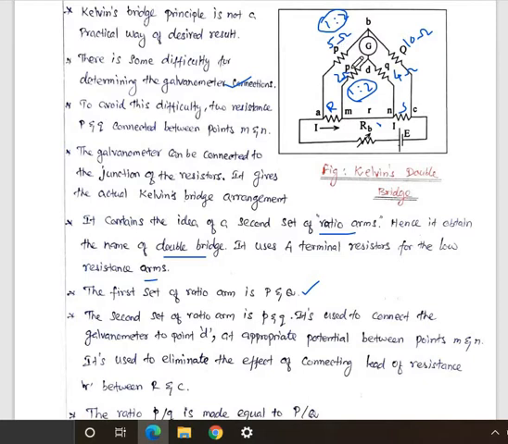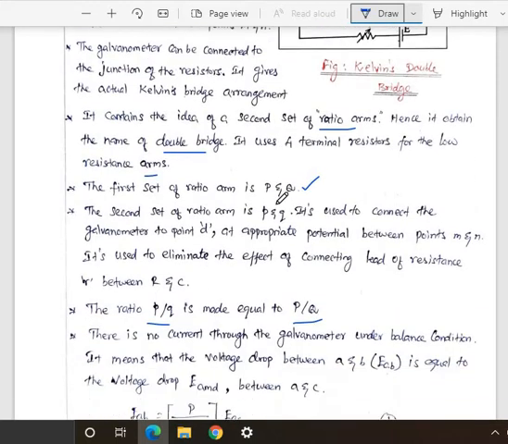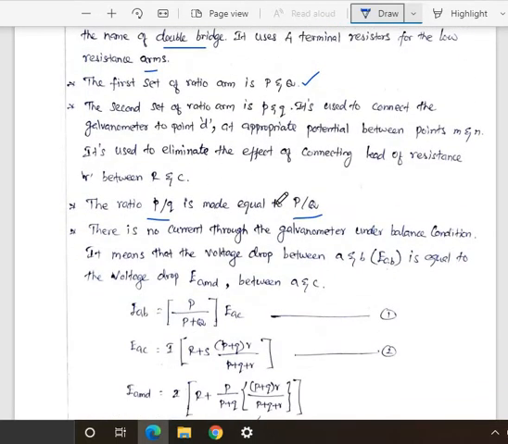If you choose a different ratio, the circuit will not balance, because if any one resistance is not balanced, current will flow through that circuit and the galvanometer will not come to zero value. So you can select the proper ratio, and there is no current through the galvanometer under balance condition.